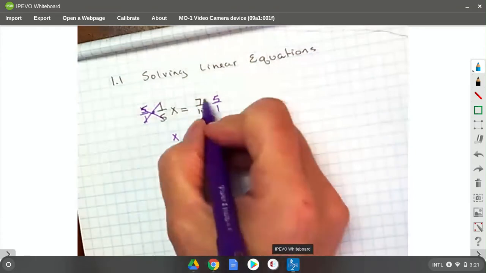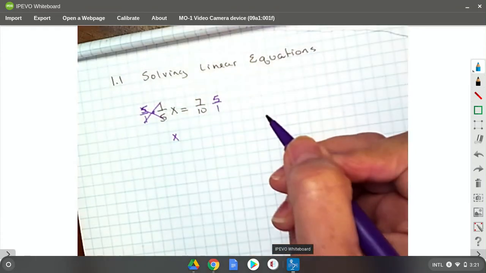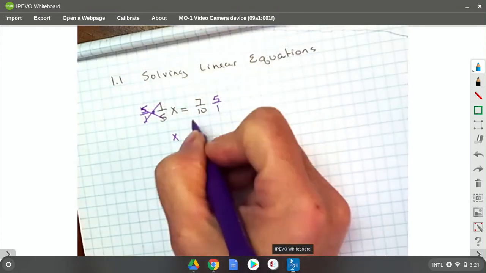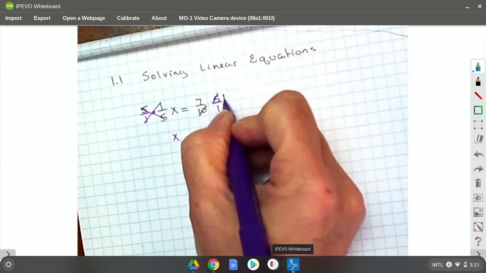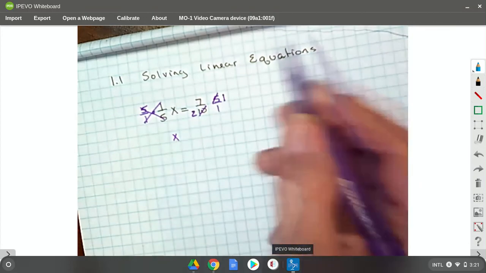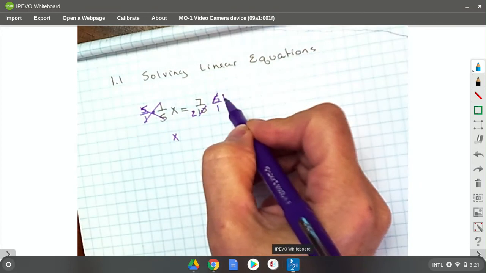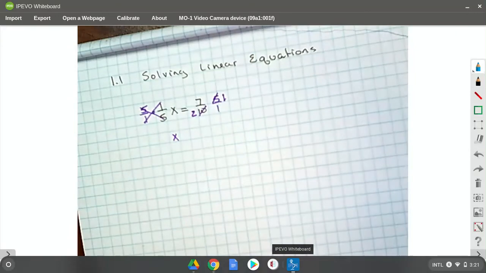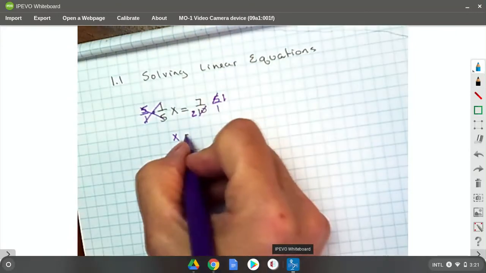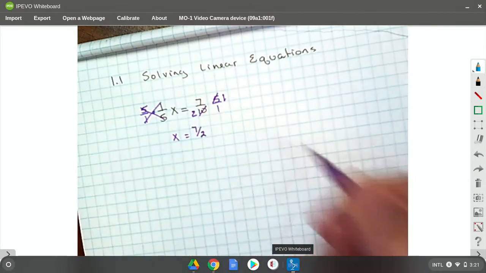So then I have 35/10, or I can reduce. 5 divided by 5 is 1, and 10 divided by 5 is 2, so I can cross reduce on that one. And that gives me 7/2.